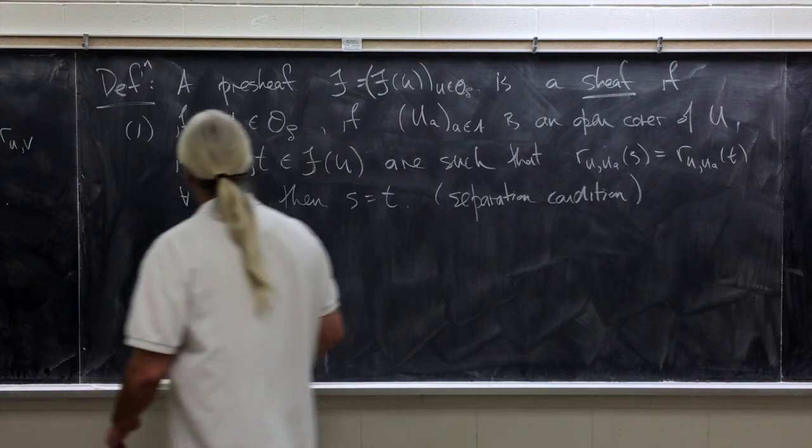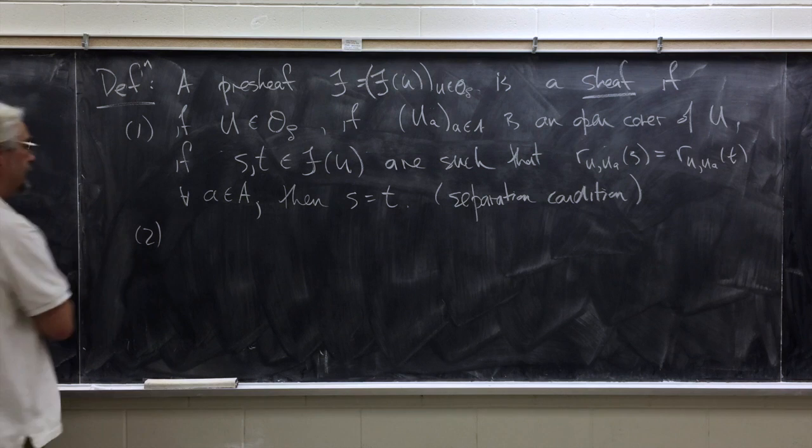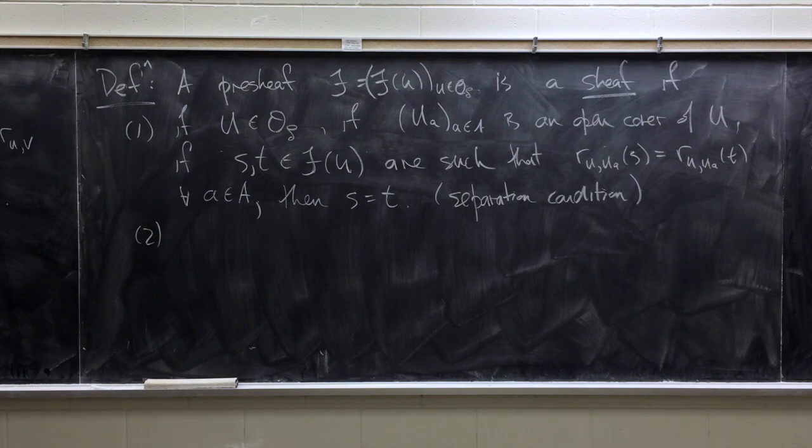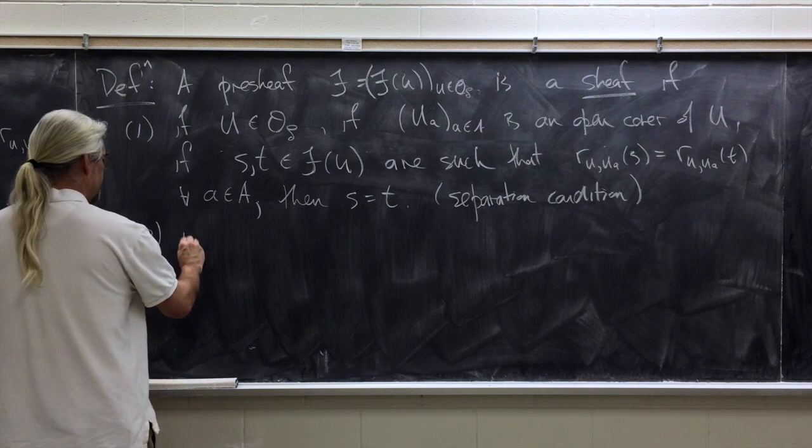All right, the more interesting one that doesn't always hold, and for which it's easy to find examples where it's not true, is what's called the gluing condition. So it says this.